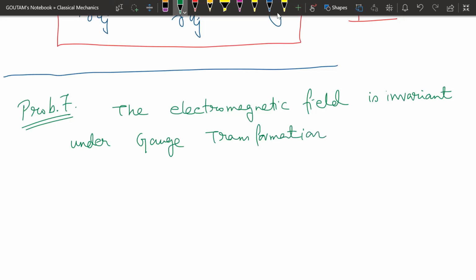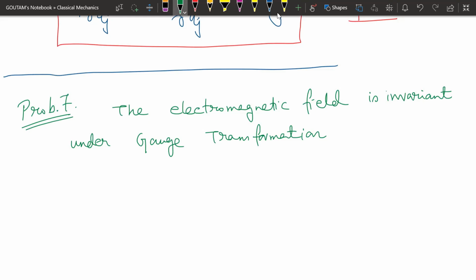Gauge transformation is a transformation of the potentials. The potentials are not unique. By gauge transformation, we can redefine a new potential, keeping the fields invariant. So that's the gauge transformation.